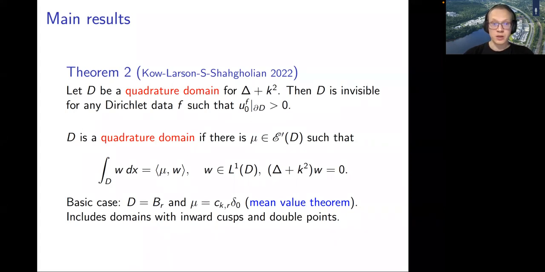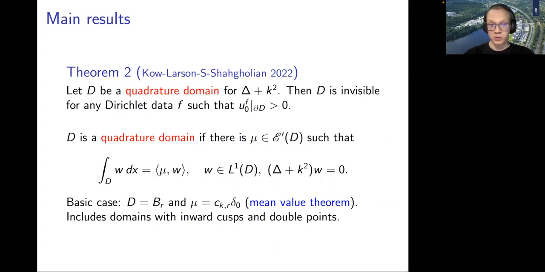So it's somehow saying that you can evaluate integrals of solutions W by evaluation with this compactly supported distribution in D. The basic example would be the case when D is a ball of radius r, and this mu is a constant times the delta function at 0. Then this identity is just the mean value theorem.